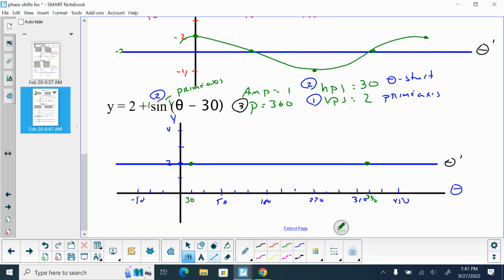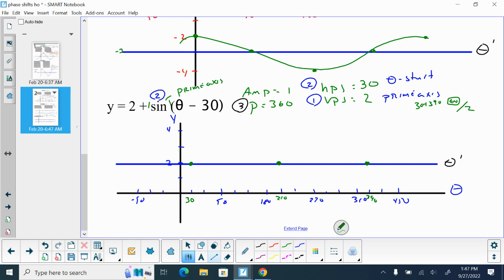Now we start playing our games of halves. Halfway between 30 and 390: once again, I can take 30 plus 390, hit enter, and then divide by 2. So 420 divided by 2, we're at 210. The sine curve will still be on the prime axis at 210.